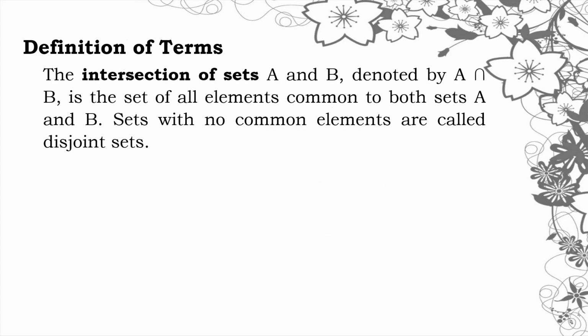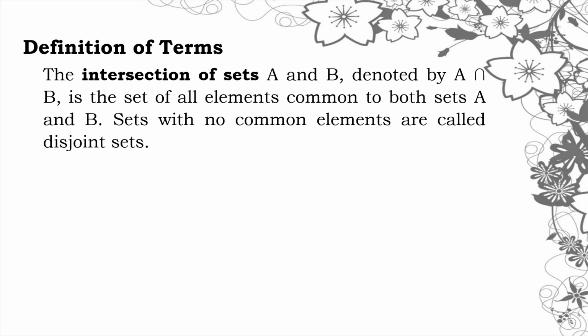Next term that we have is the intersection of sets A and B. The intersection of sets A and B is the set of all elements common to both sets A and B. Sets with no common elements are called disjoint sets.